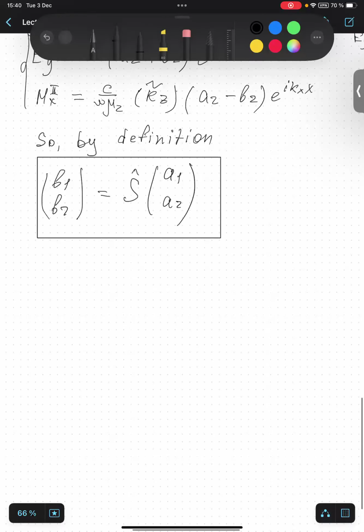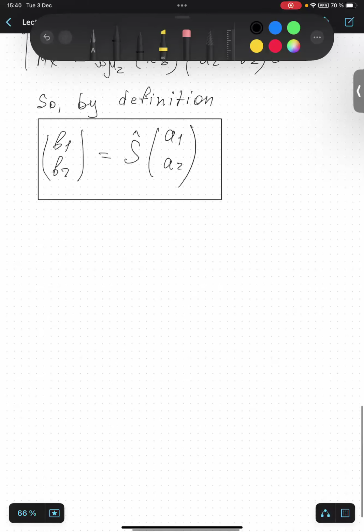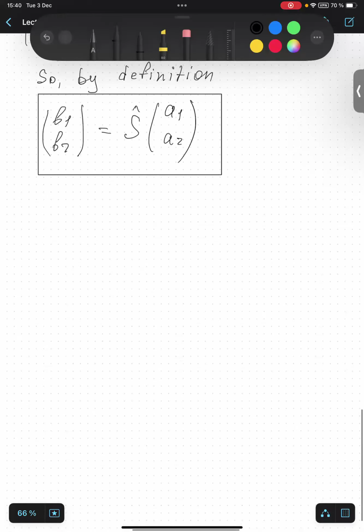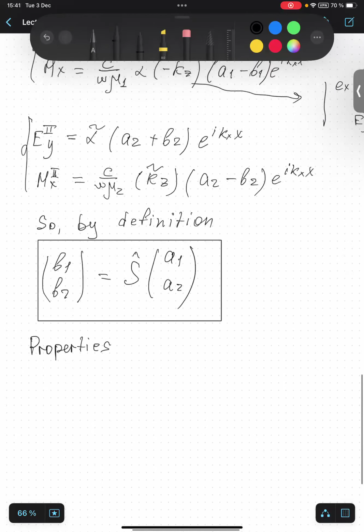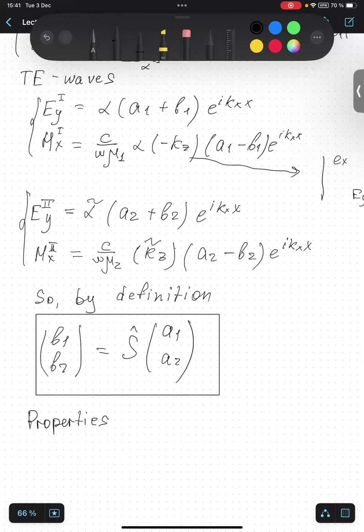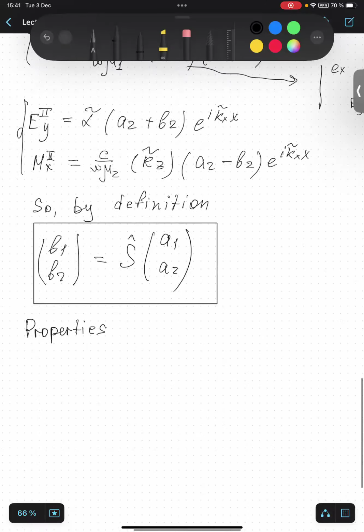Again, it relates incoming fields and outgoing fields in our arbitrary system. But now let's consider some properties. Excuse me, shouldn't we have different kx in the second region? Yes, if we have another permittivity, it should be kx tilde. Strictly speaking, yes. Okay, thank you.